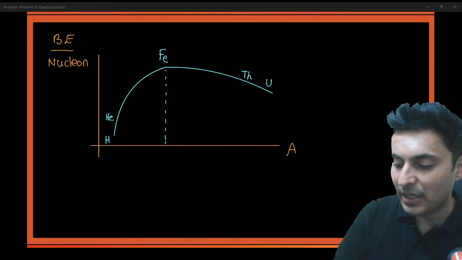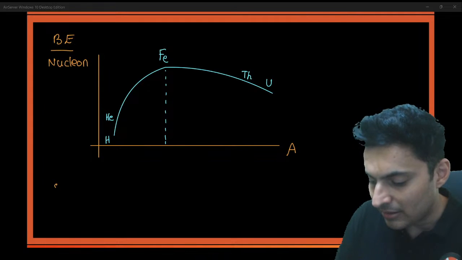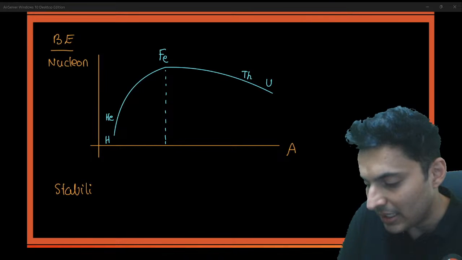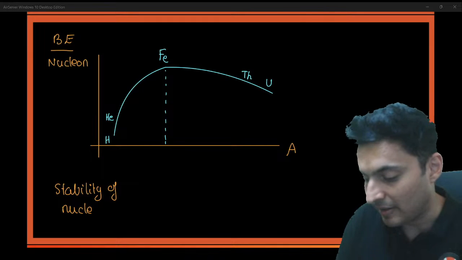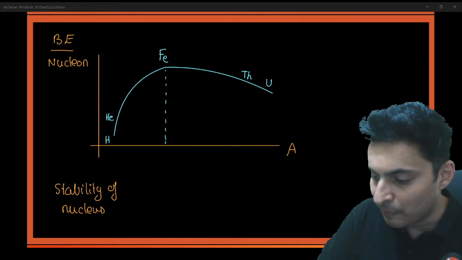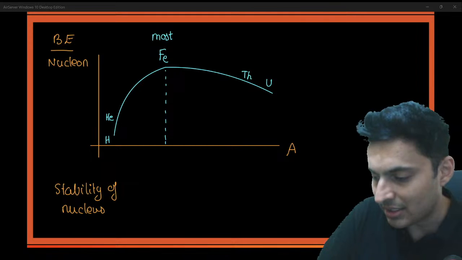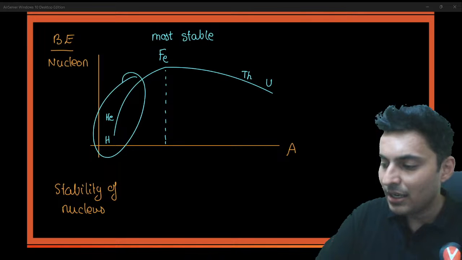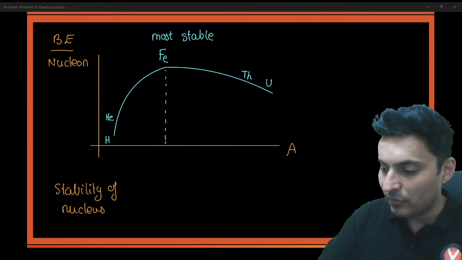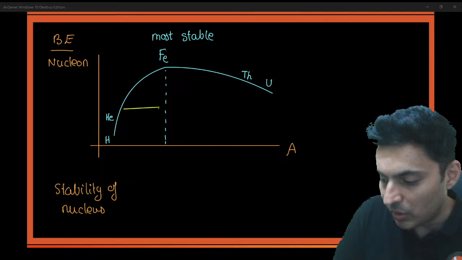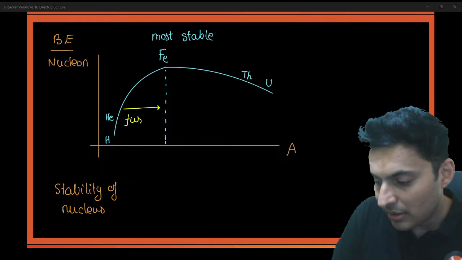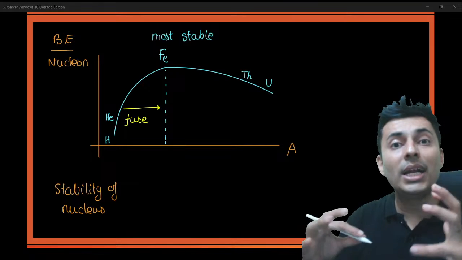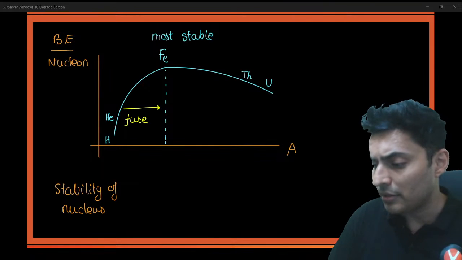What does this binding energy per nucleon tell us? This tells us the stability of a nucleus. Stability of a nucleus is judged by this graph. So iron is most stable because it has high binding energy per nucleon. So elements like hydrogen, helium, etc., they would tend to fuse together with sufficient energy so that they convert into a stable nucleus.